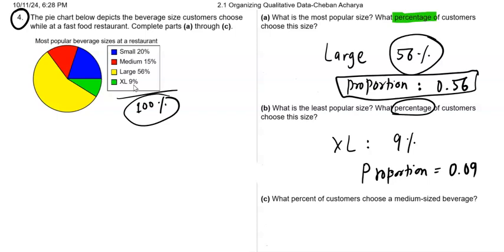But you have to find the percentage, so you should write 9%. So that's how you do part B. Part C, what percentage of the customers choose a medium-sized beverage? Medium-sized beverage is 15%. So the answer is obviously 15%.